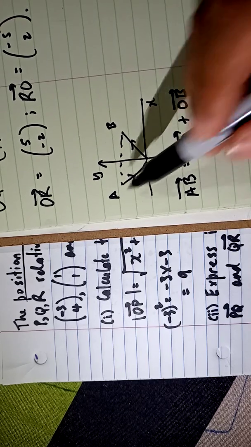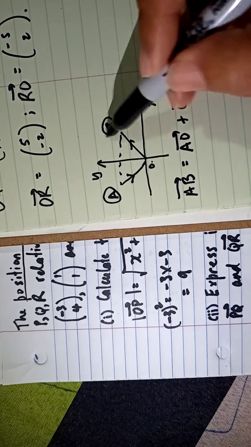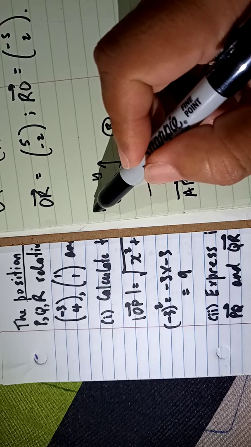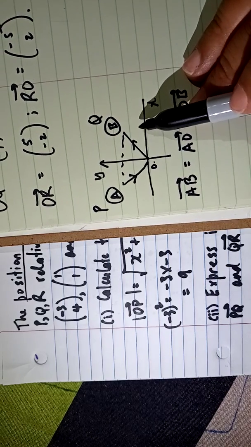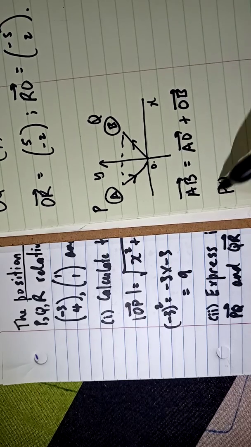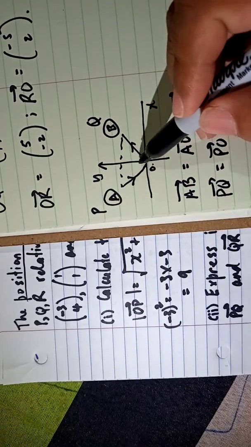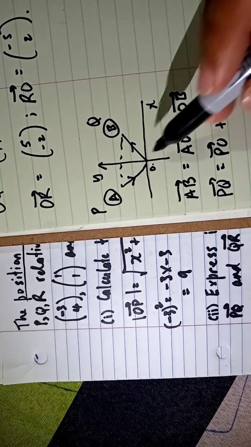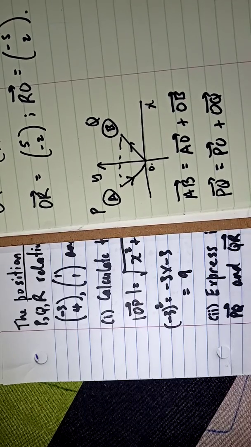We always go to the center. If I change these two letters, let's call them P and Q, then as long as it's a position vector, the equation would be P to O, the origin, and then O to Q.